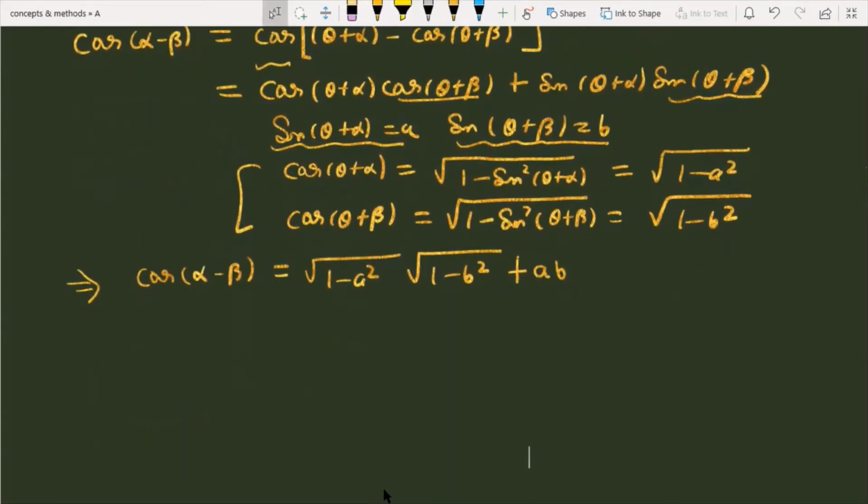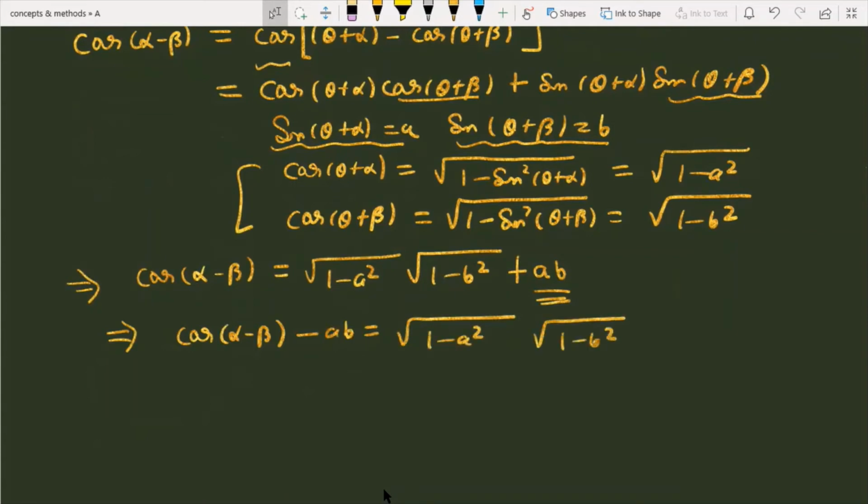Shifting AB to the left hand side, cos(α − β) − AB = √((1 − A²)(1 − B²)).